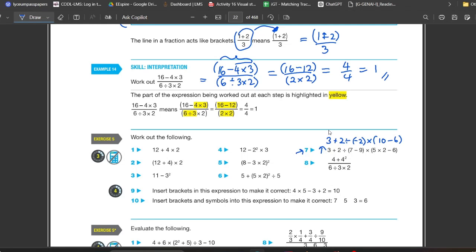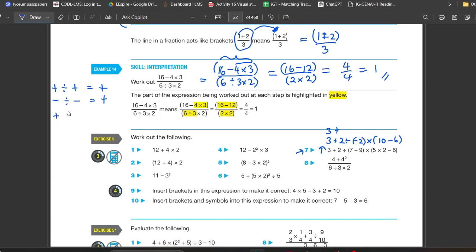So 3 plus 2 divided by minus 2 means, so you know that same sign multiplication gives plus. Multiplication and division gives plus.